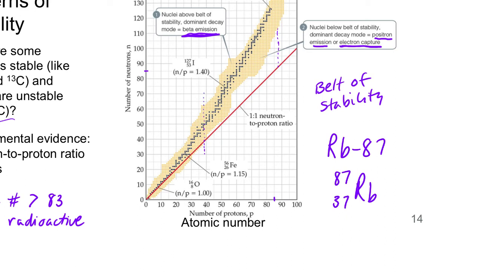Where am I making my mistake? Do you see it? What's on the y-axis? Number of neutrons. So how many neutrons in rubidium? Protons, 37. Yeah, 50.